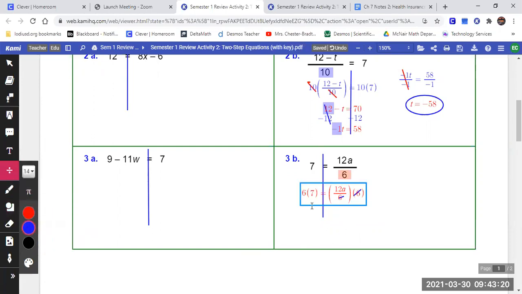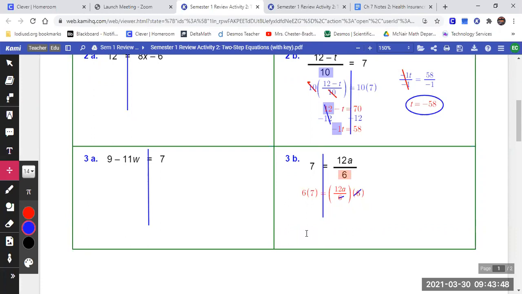Okay, so what's the right side going to say? What's the left side going to say? Tell me what it's going to say now that we fixed it. What's the whole thing going to say?